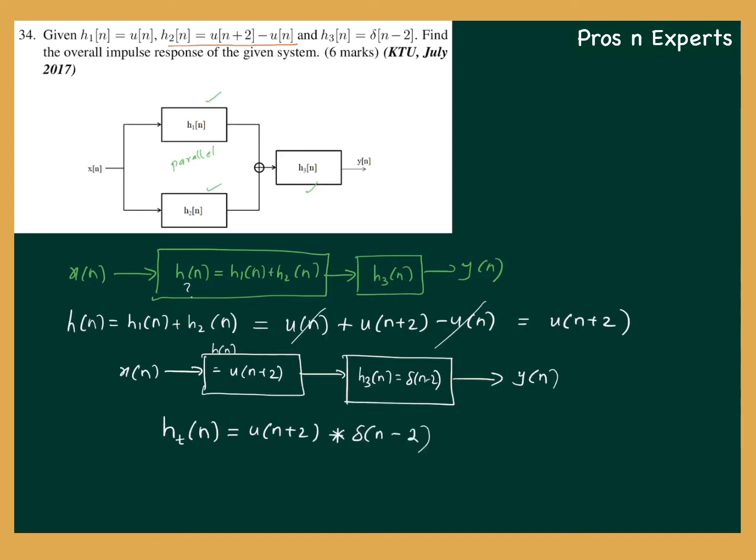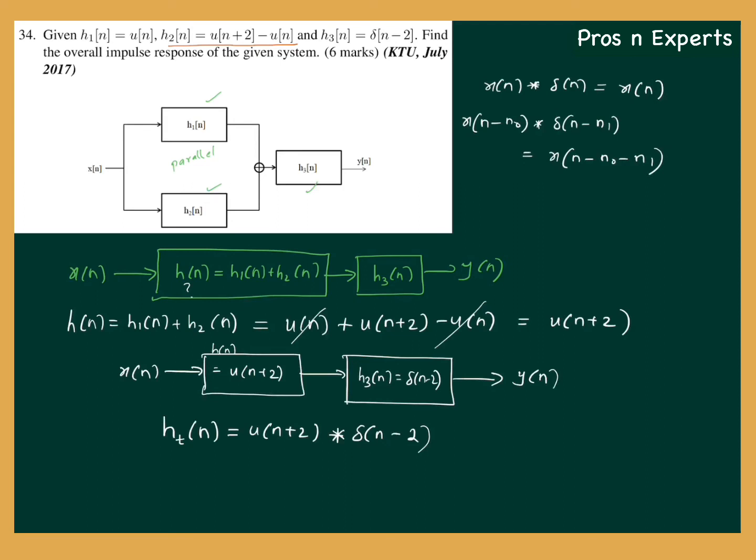Now you need to remember one more result, that any signal convolved with delta of n gives that signal itself. Impulse signal is like an identity operator in convolution. And also x of n minus n0 convolved with delta of n minus n1 will give you x of n minus n0 minus n1.